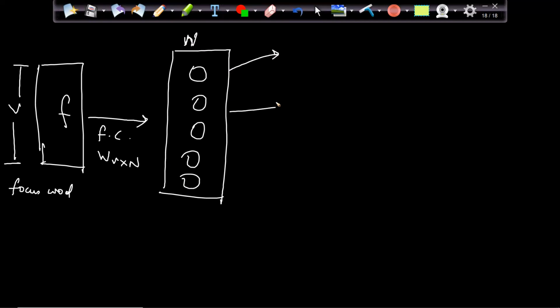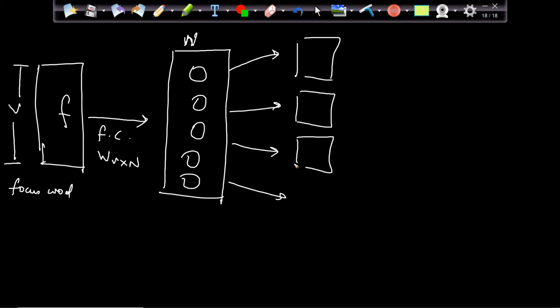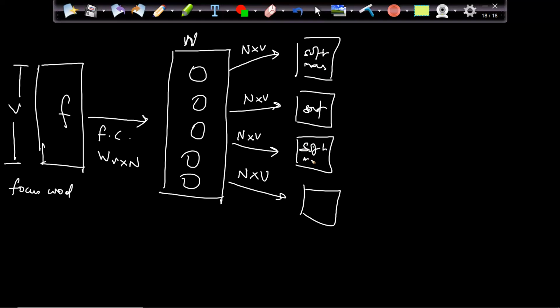And then it will generate multiple outputs, N cross V, N cross V, N cross V. N is basically my features, and V is my word vector. I have my softmax. Softmax, as I mentioned, is in simple terms logistic regression in the AI world, with multi-class classification. And I'll have my contexts C1, C2, C3, and C4.